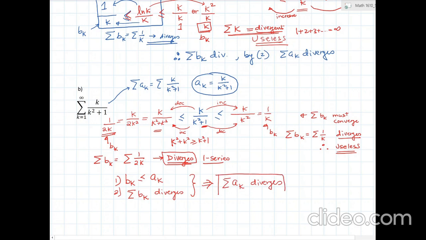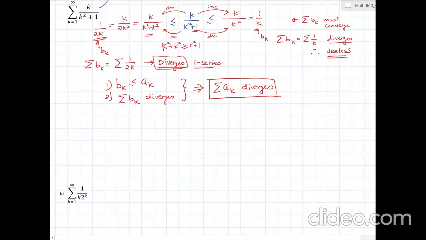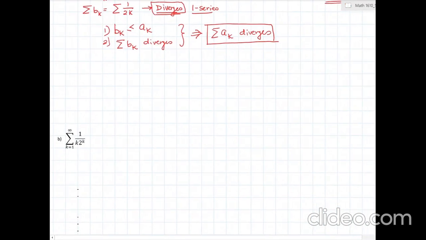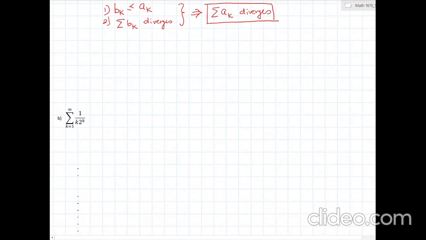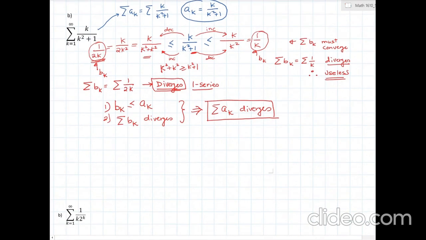So my answer is that this series diverges. Now notice how inventive one has to be to be able to find these kinds of series to be able to use this test.